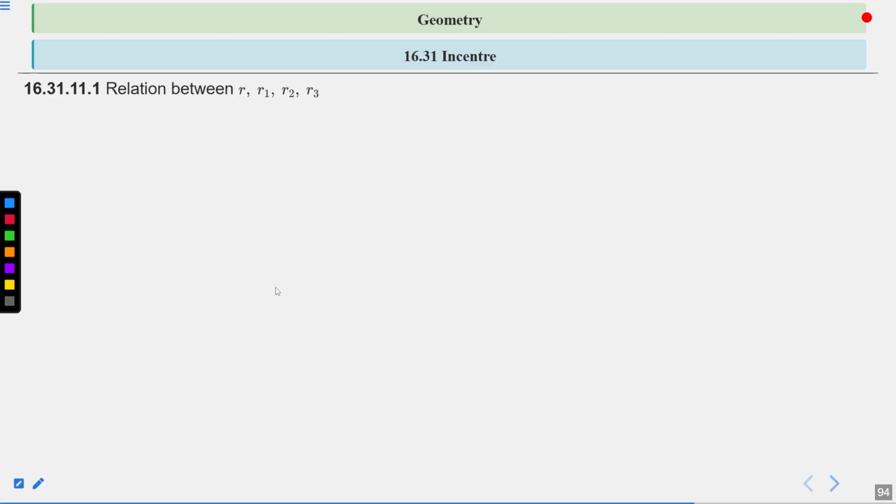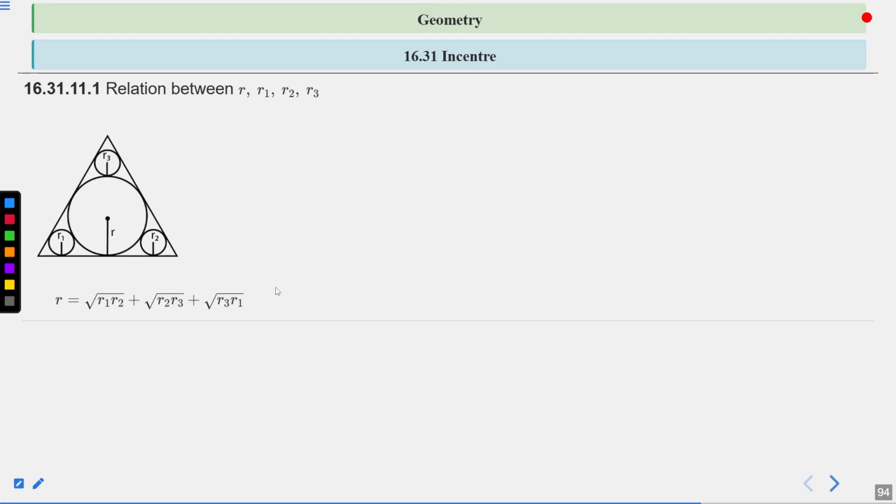So the relation between R1, R2 and R3 in this diagram, we get R equals under root R1 into R2 plus R2 into R3 plus R3 into R1. Next one.